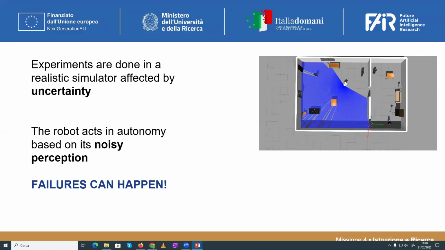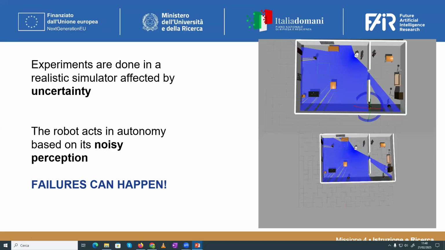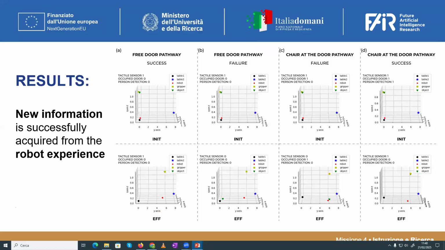And so during this training phase, there is uncertainty and there is noisy perception. For example, in this case, grasping a person failed, or the object fell during the motion of the robot. All these events are captured during the training phase. So a training plan is a set of actions. For each action, we store the initial information and the effect information.